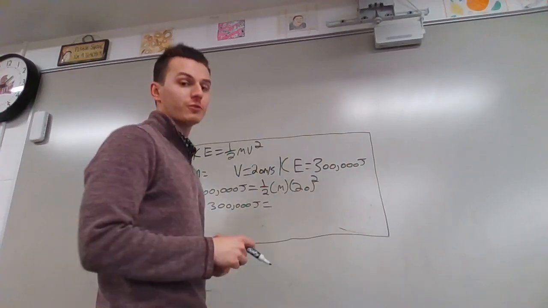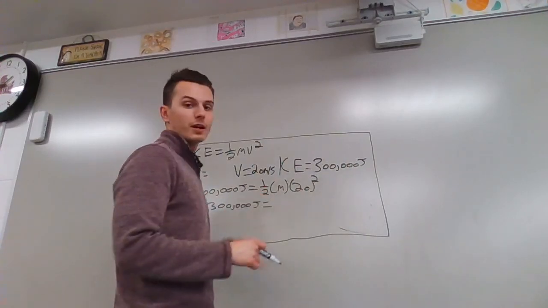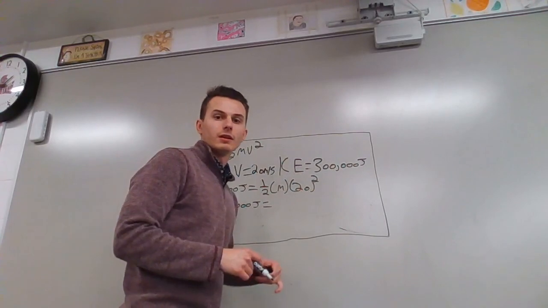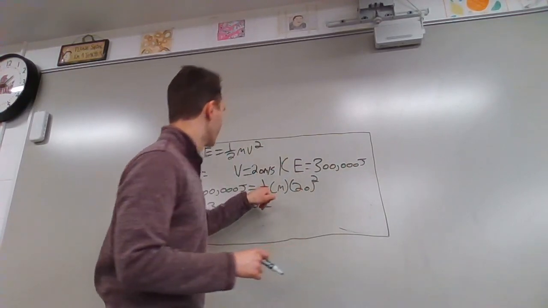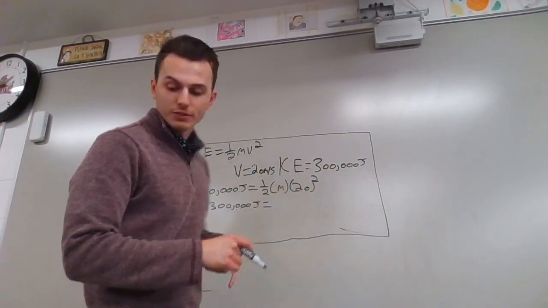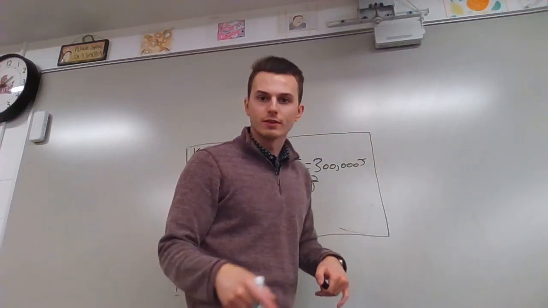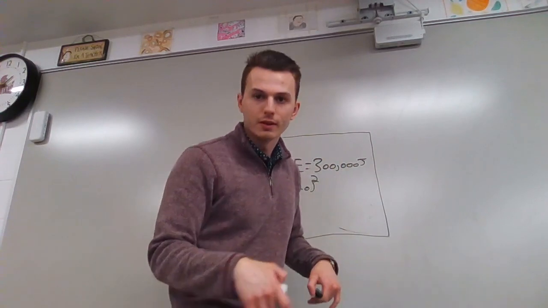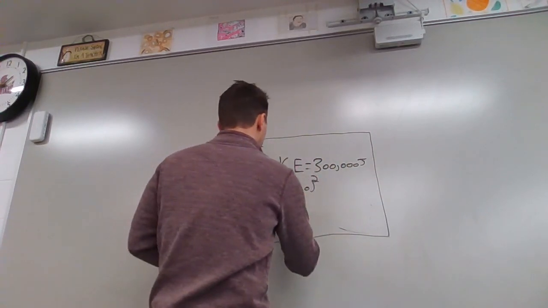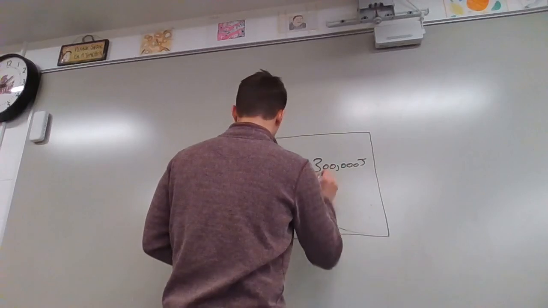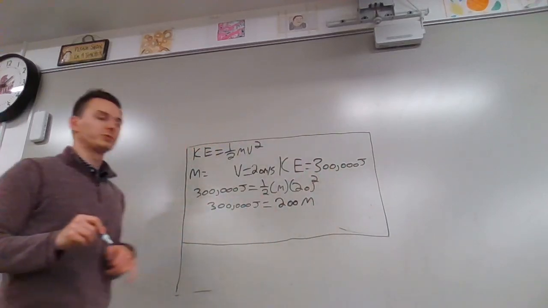Because we said 20 squared is 400, 1/2 is going to be 200. Sorry, my tabs are going crazy, but it looks all good. All right, 200 M. So 300,000 joules equals 200 M.